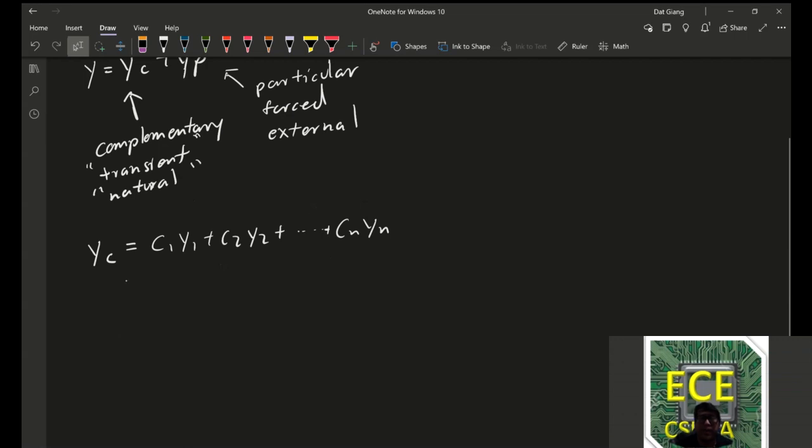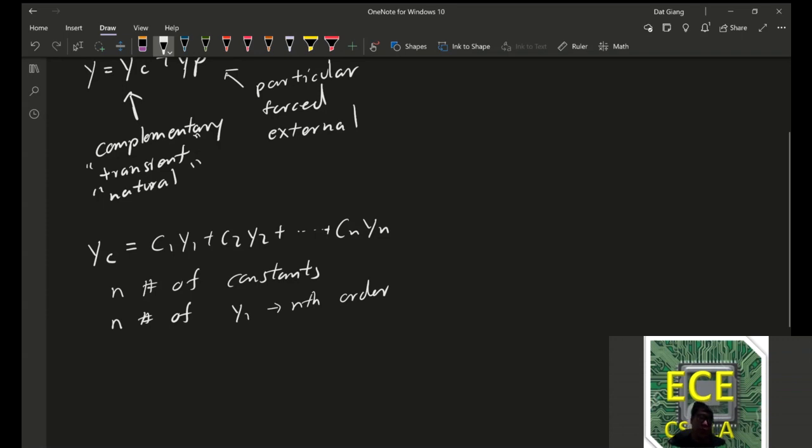This means that we have n constants for an nth order differential equation. But we also have n solutions to solve an nth order differential equation.